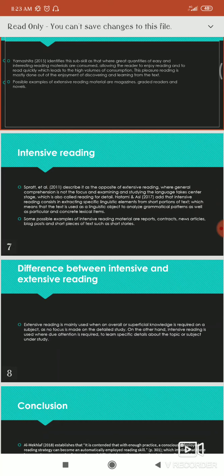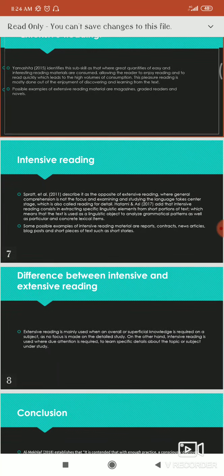Extensive reading is when we study something in big quantity for entertainment and to get general knowledge, such as any fictional or non-fictional novel, magazine, or any book, just for fun. So this is called extensive reading.